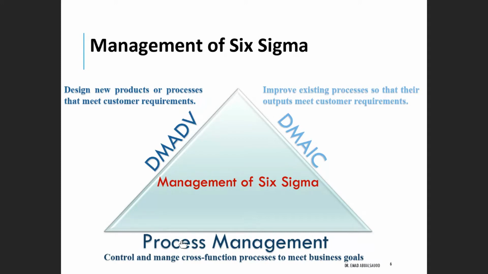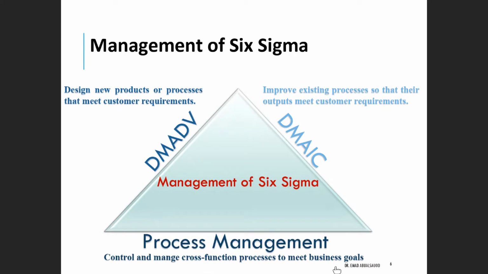You don't forget about your business goals. Here you are focusing on the customer requirement if it's an existing problem. Here you are again focusing on the customer requirements if it's a new product or a service. But the most important also, and they have to be working all together, is managing all the other divisions and cross function in the process and in the organization to meet the business goals.